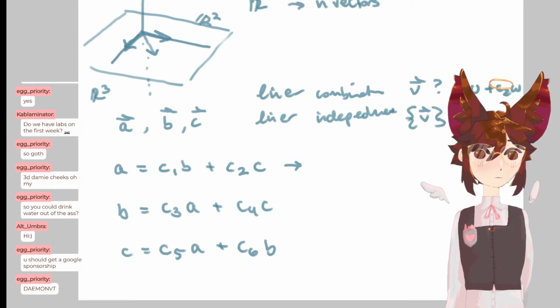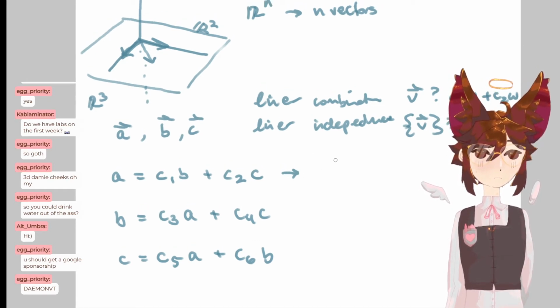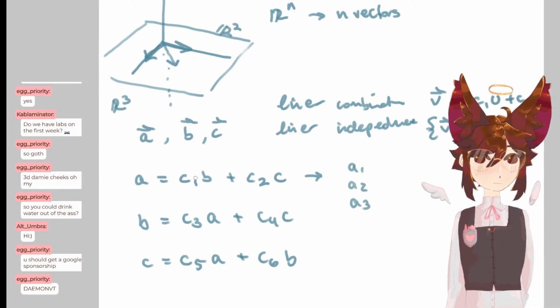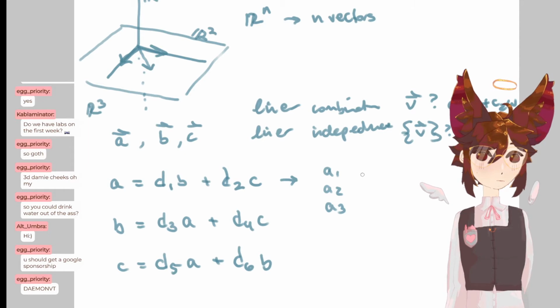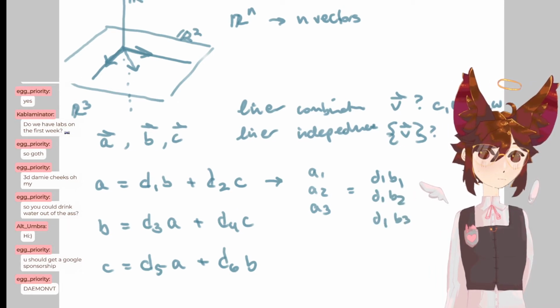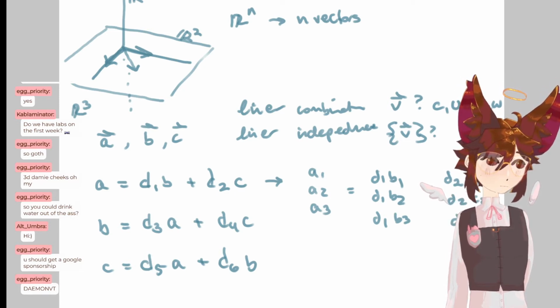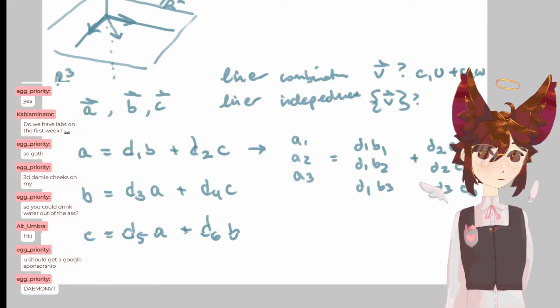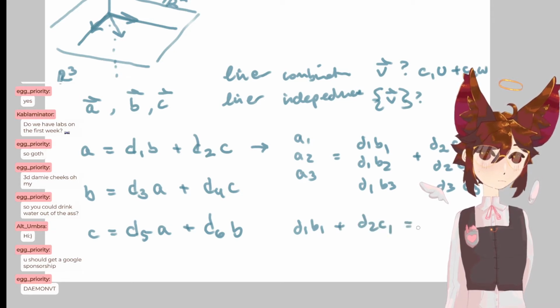Now let's expand this out. I'll just do it for A, and then we can see where this is going. For A, we're going to have A1, A2, A3. Oh no, my naming convention truly is going to fall apart. Let's call the constants D. There we go. And that's going to equal D1 B1, D1 B2, D1 B3, plus D2 C1, D2 C2, D2 C3. So that gives us D1 B1 plus D2 C1 equals A1.